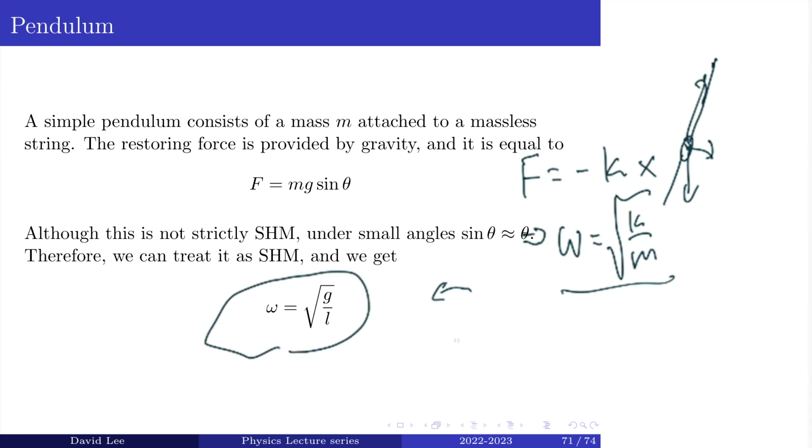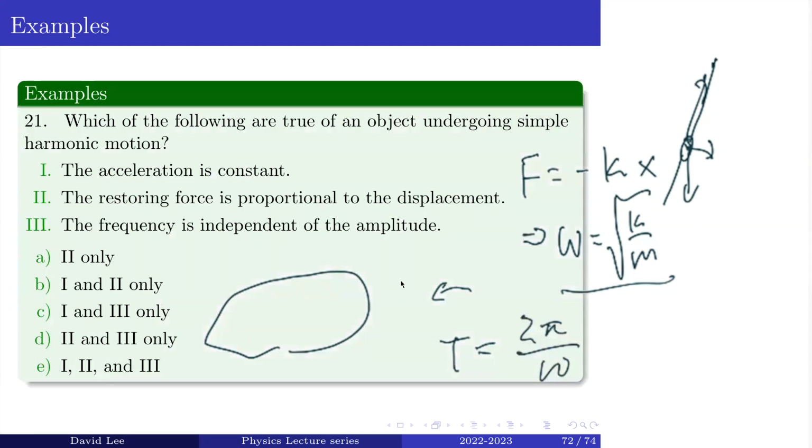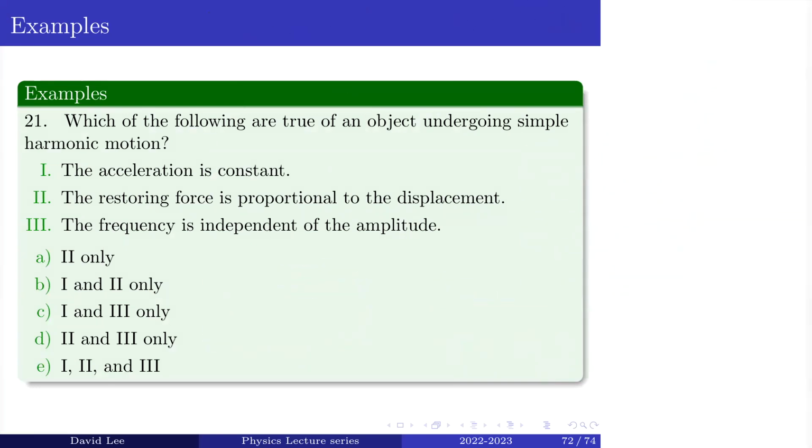Also interesting, nice formula to know, T equals 2 pi over omega. If you ever want to calculate the period, it's just the time to get a phase of 2 pi. So let's do one last example here. Actually, I did prepare 2 last examples, but we might not have time for that.